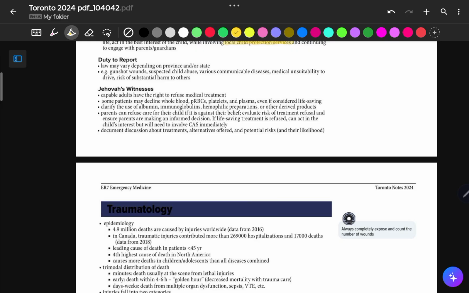So clarify the use of albumin, immunoglobulin, and hemophilic preparations or other derived products, so that you can give them to substitute if they do not want to receive a blood transfusion.